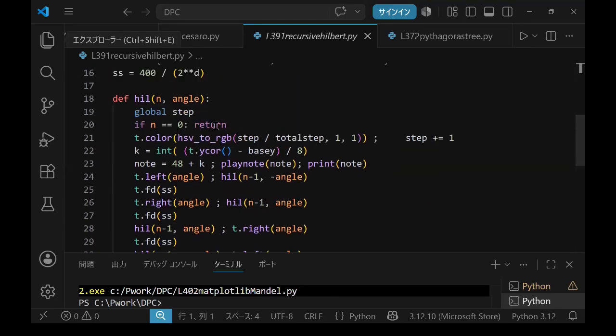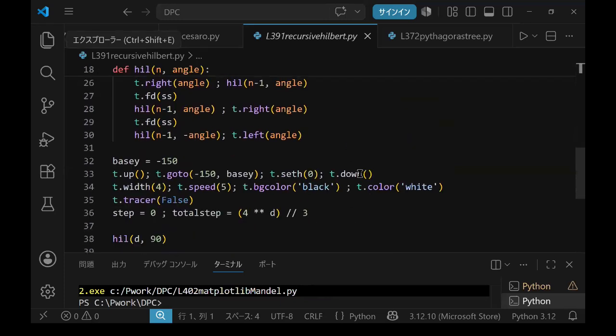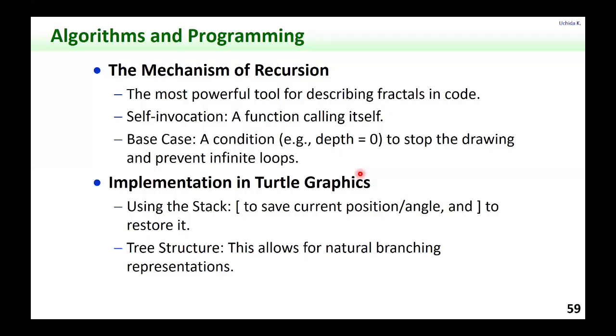When n equals 0, it does nothing. So the recursive call is the basic way of implementing it. By using turtle, you can draw it.